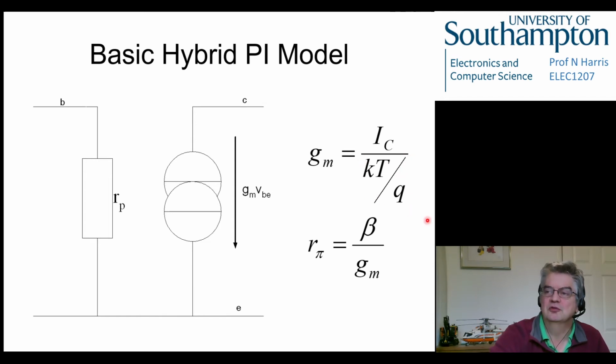It comes out to 25.3 millivolts at room temperature, and we quite often just take that as an approximation to be 25 millivolts. And R pi is then beta, and beta depends on the transistor you're using, divided by GM, which we just calculated from this, and that's linked back to this static current. So it just comes down to some sort of semi-constants that you can calculate.